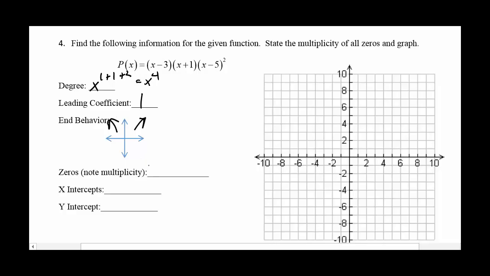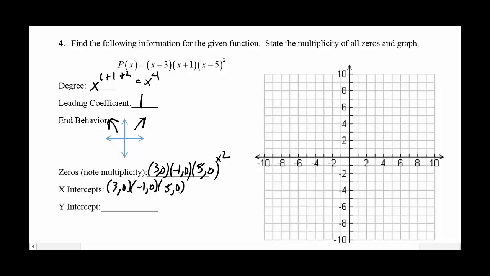Zeros, noting multiplicity. We have 3, 0, which is a singularity, so there's only one root at that number. Negative 1, 0 has only one root at that number. And 5, 0 has a multiplicity of 2.